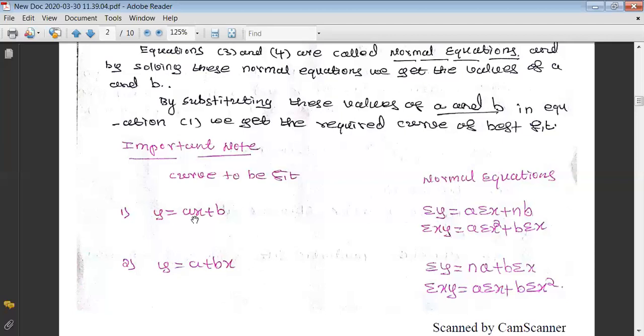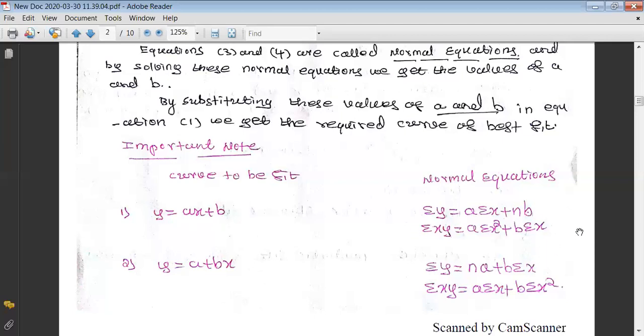When we take the summation for the first term on the RHS, a is a constant, so we write it as it is, and take the summation for x, and it is here. And when we take the summation for b, it means we have to add the constant b n times. Its value is n times that constant. That's why it will be n into b.